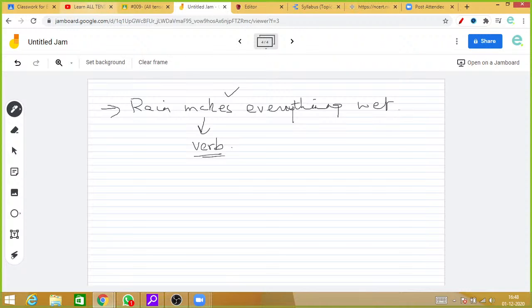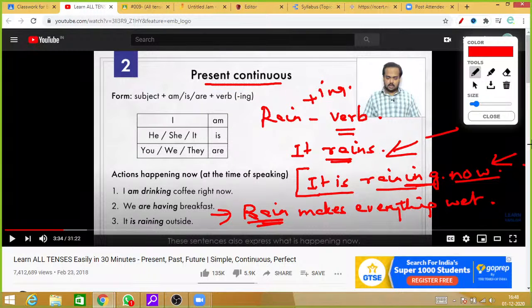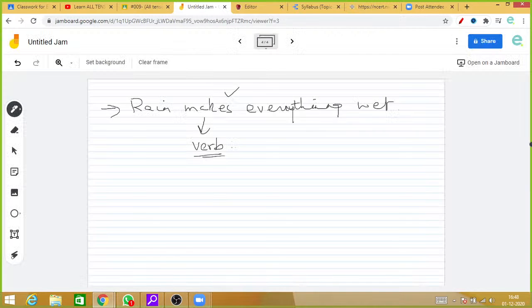Because in the previous sentences we said rain is a verb. But in this sentence, what is rain? Rain makes everything wet. So what part of speech is rain now? What is it?